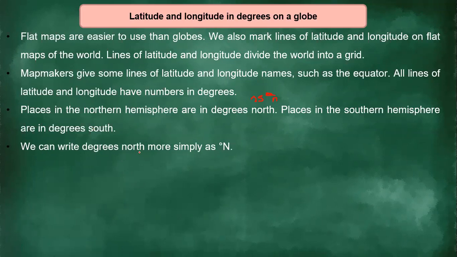We can write degrees north more simply like this, as I was saying. That's what I was showing you.